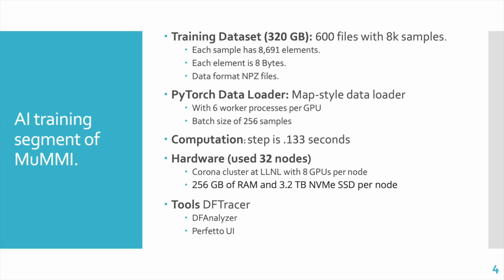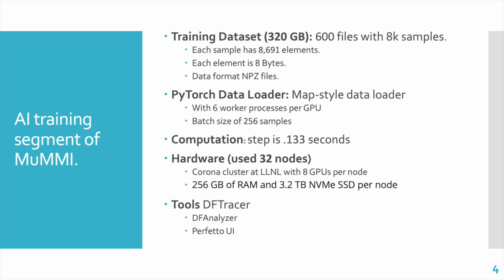A little bit about the data itself, because that's what we're here for. So it's a relatively small data set of 320 gigabytes in size total, spread across 600 files, 8,000 K samples, roughly about 16 kilobytes each arrays that we're working with, and unfortunately, the data format is NumPy arrays, and I'll talk about why unfortunately in a minute.